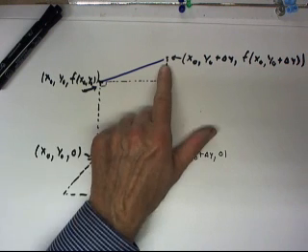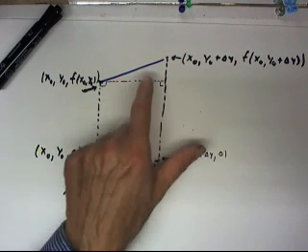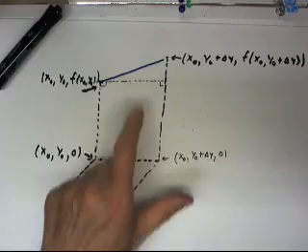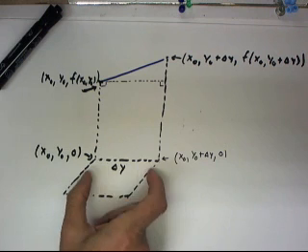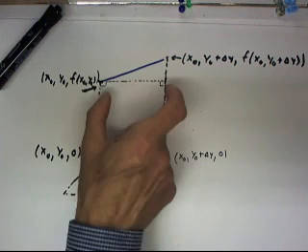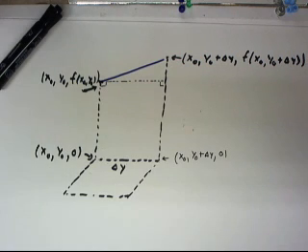First of all, this isn't necessarily the way the graph of the function behaves between here and here. It might or might not be a straight line. However, we expect that for a well-behaved function, if delta y is small, then the graph will be approximately straight.